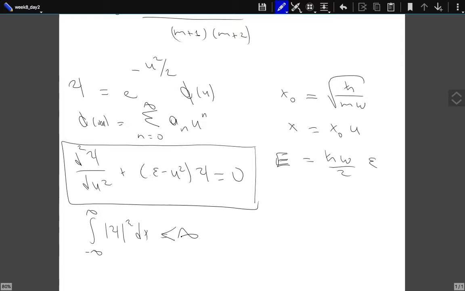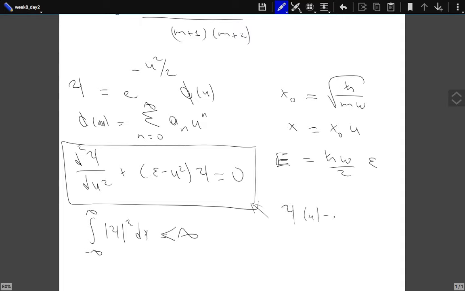Now, if the interval is infinite, the function should go to 0 sufficiently fast at infinity, so that we don't receive contributions from the ranges at infinity. We just receive some contribution to this integral from a finite range. So the function should go to 0 at infinity, and when you look at the solution of this differential equation for very large values of u, there are basically two solutions.